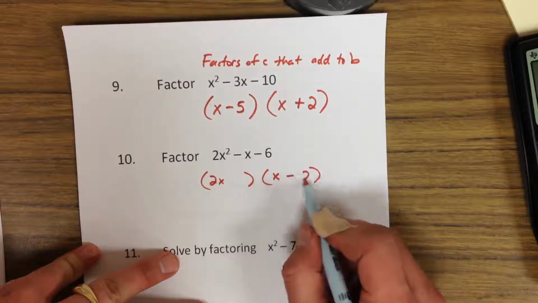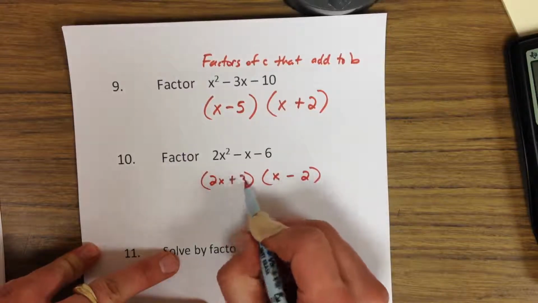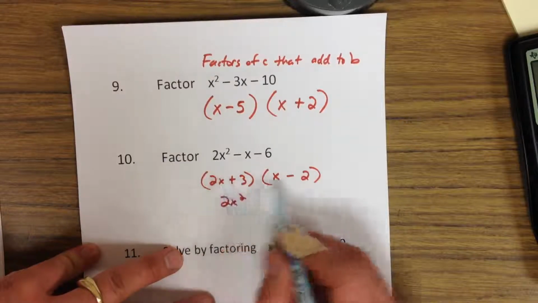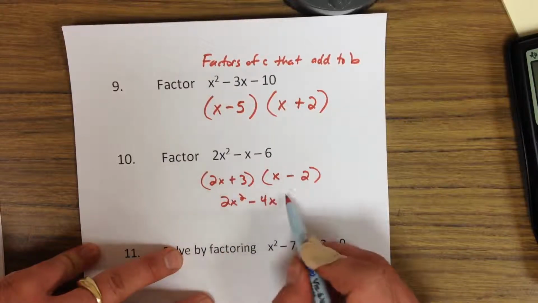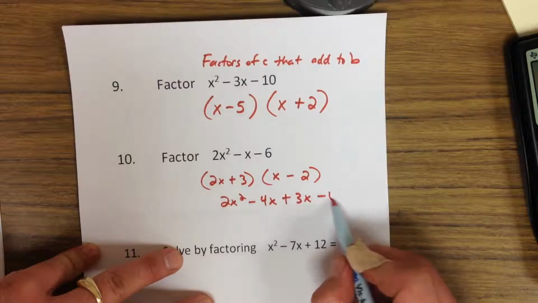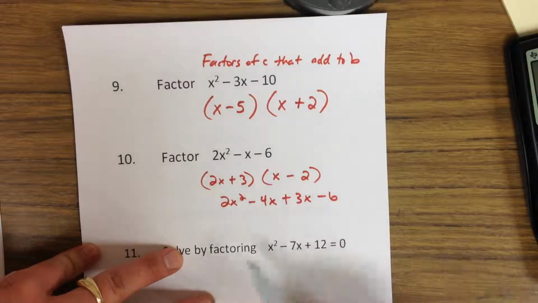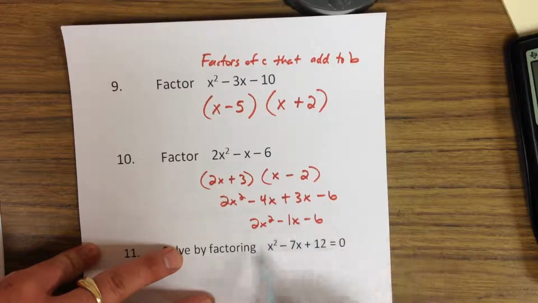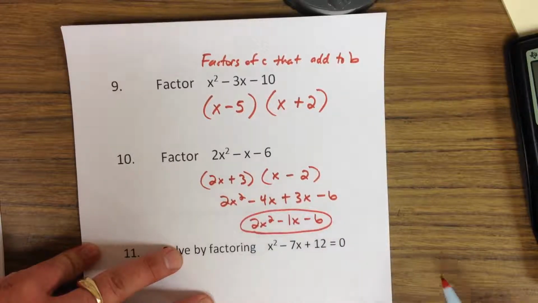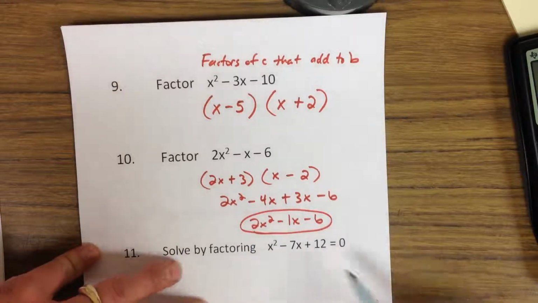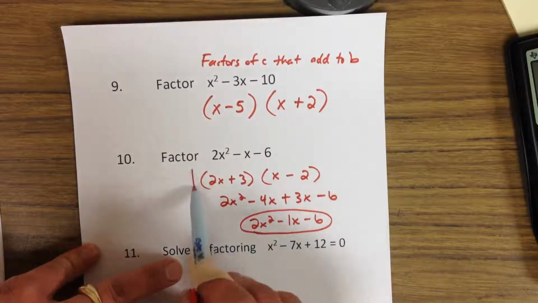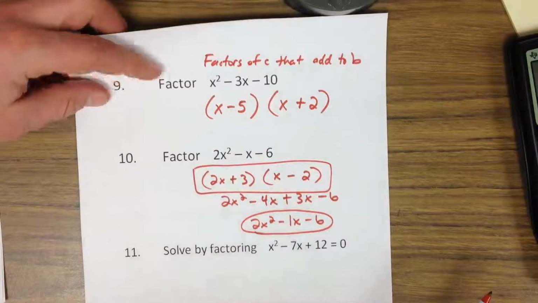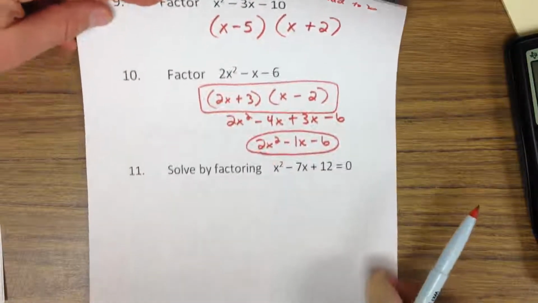So if I put the -2 over here and the +3 here, when I FOIL this, I get 2x squared minus 4x plus 3x minus 6. And there you go. When I check this out, I get negative 1x in the middle. So this must be factored correctly. So what they're looking for is that right there. Just the factored form, that's it.